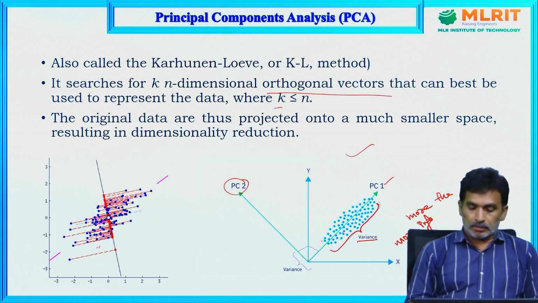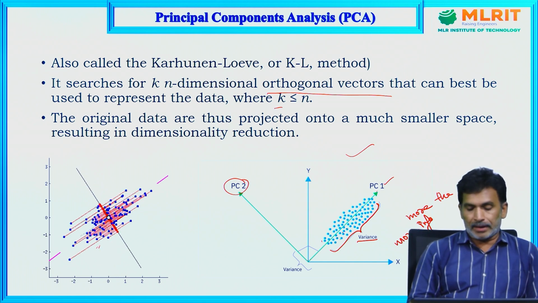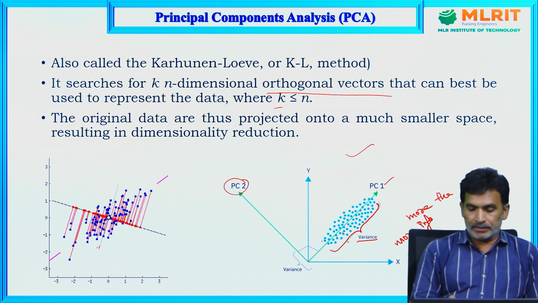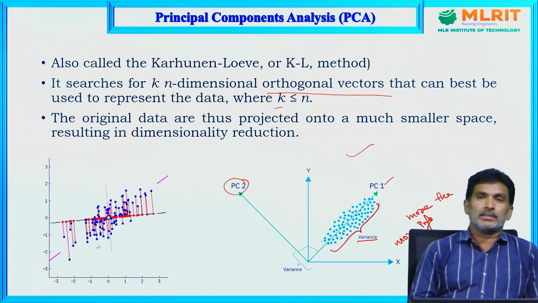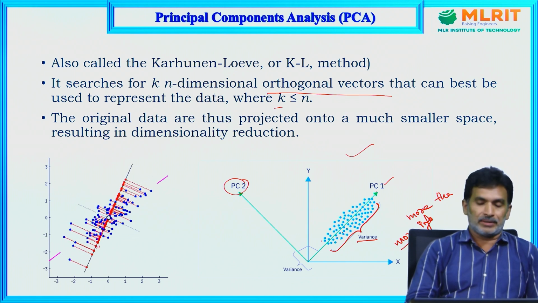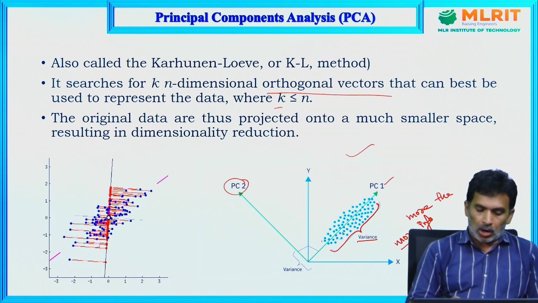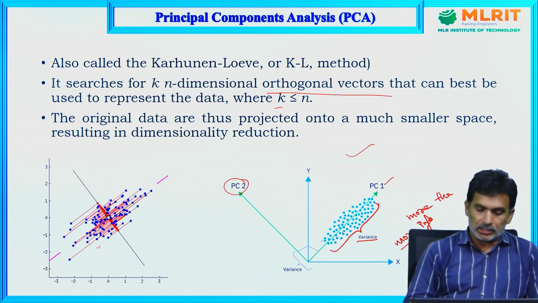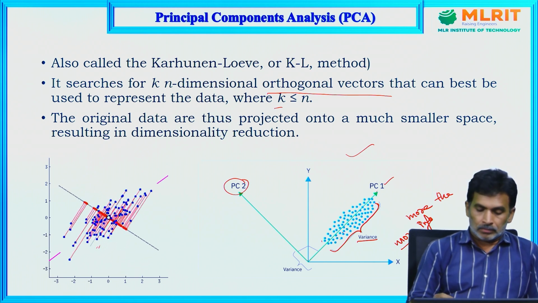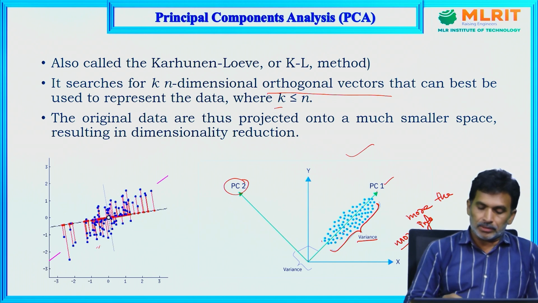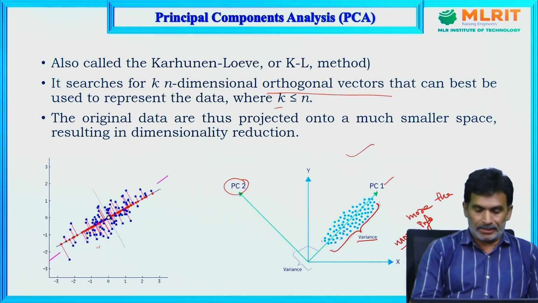So we have to identify principal components where the variance is high, so that those components will give more information. How long these data points are spread along a principal component, that distance, the variance, is what we use to select the principal component.